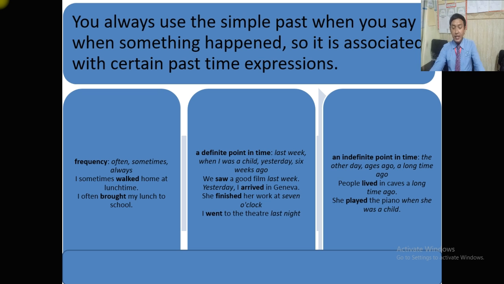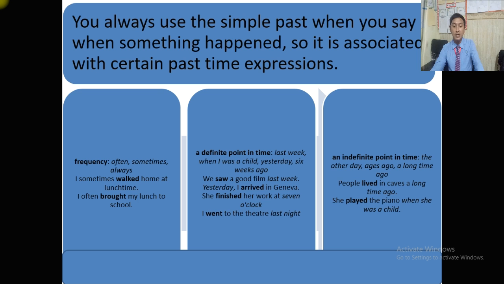We are not really clear how many times I walk home, I do not express it clearly, but I just tell you the percentage of time. Otherwise I use 50%.